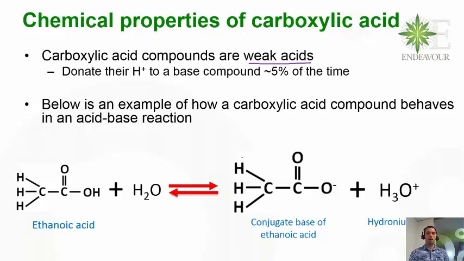So we can see a reversible reaction down the bottom here, where one of our carboxylic acids, ethanoic acid, is reacting with water. So because ethanoic acid is an acid, then it's going to be the one that is behaving like an acid in the acid-base reaction here. So if ethanoic acid is an acid, what will the water be doing?